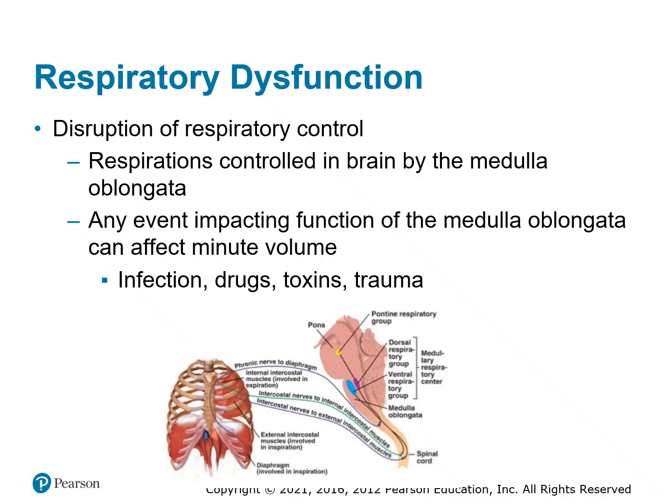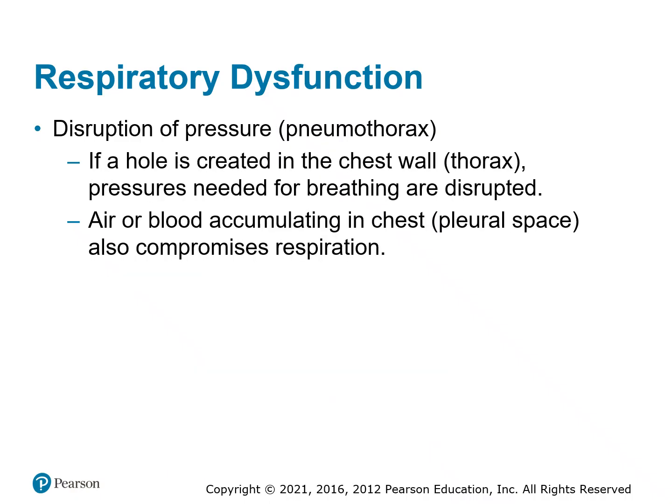Those things can happen with a traumatic brain injury because our brain controls our breathing. This one is actually disruption of pressure, which I told you, a collapsed lung. A collapsed lung, the technical term is pneumothorax. That's going to be a hole in the chest wall, and so the chest wall isn't going to be able to expand.